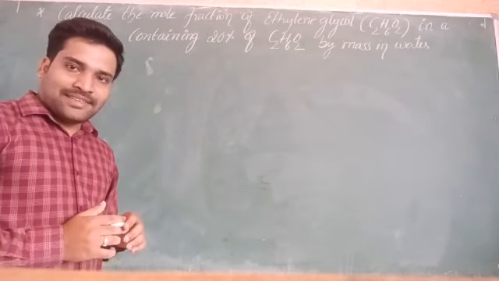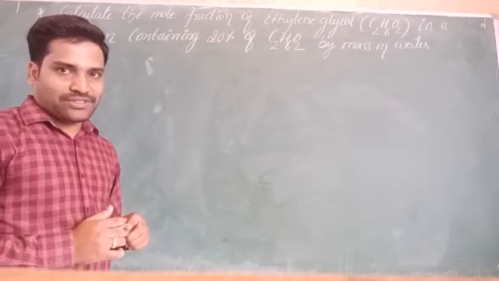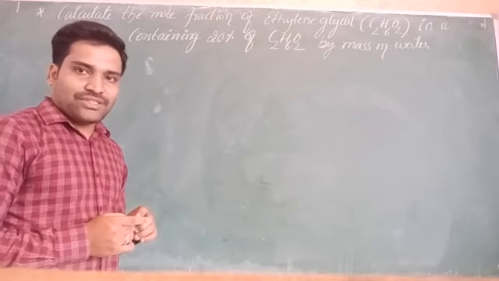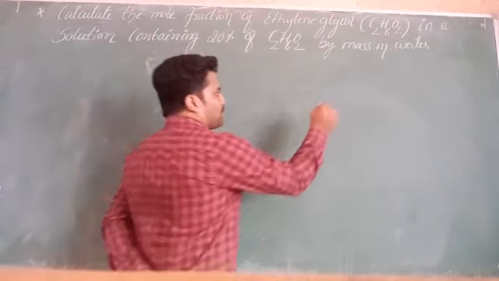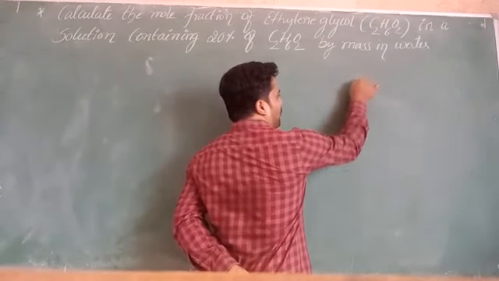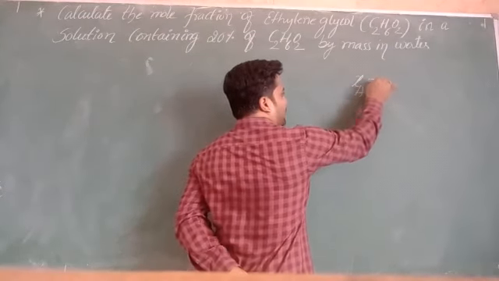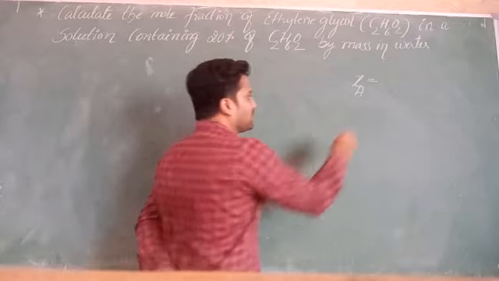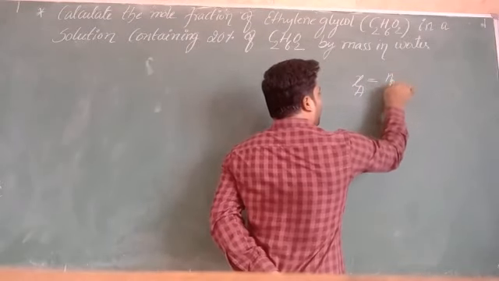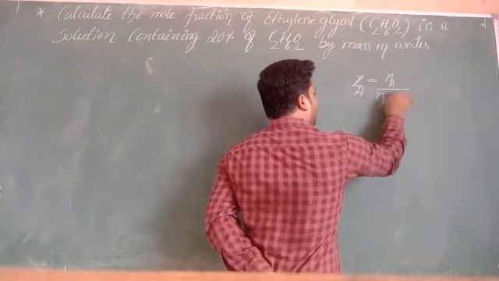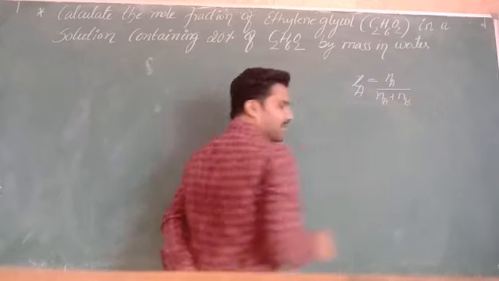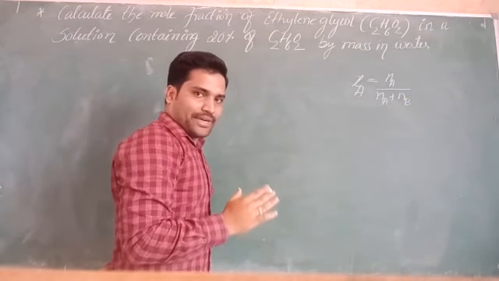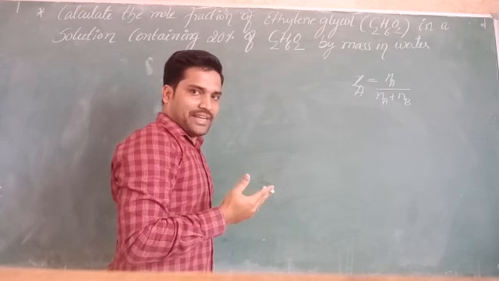Okay, now let's see a problem on mole fraction. Mole fraction formula: if you want to calculate the mole fraction of component A, then Xa is equal to Na divided by Na plus Nb, right? For calculating component A, it may be a solvent.